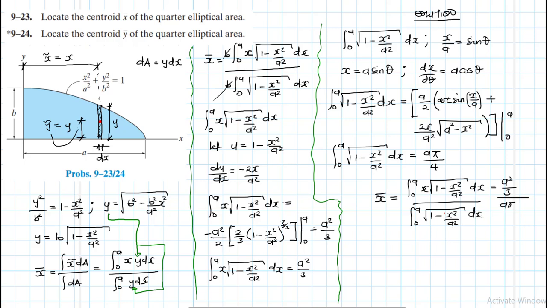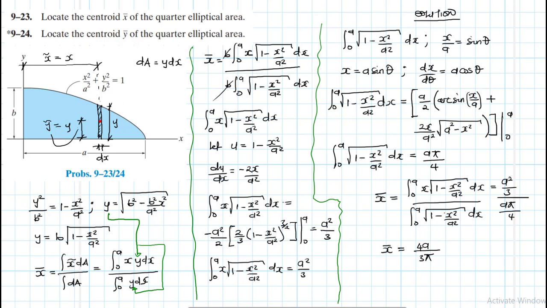We have a pi divided by 4. Then x bar is equal to 4a divided by 3 pi. So we found what x bar is.